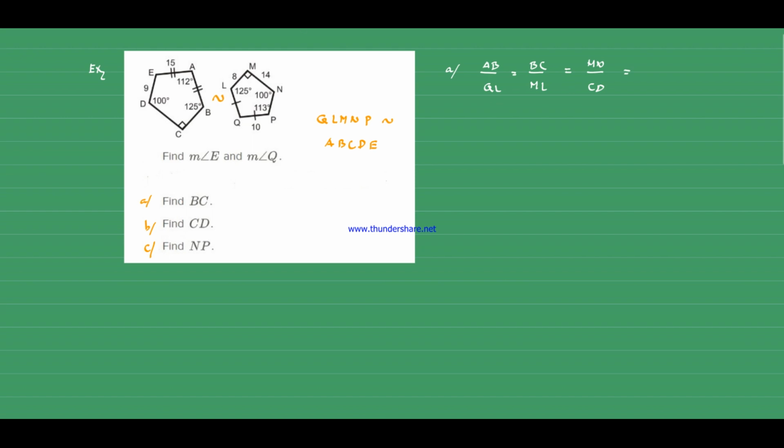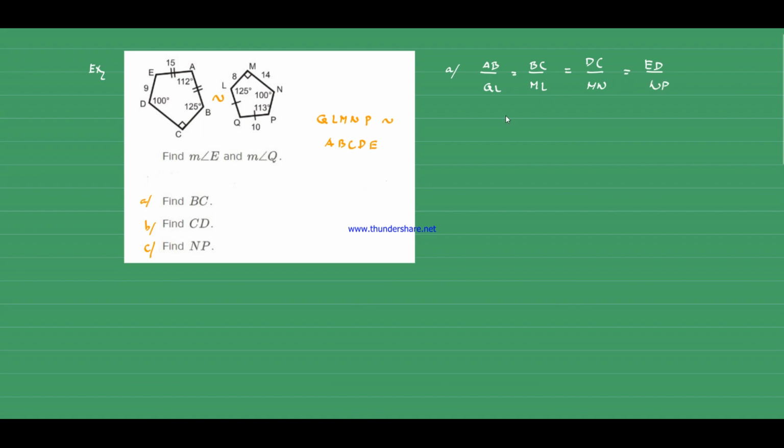So DC goes first. See that? I messed up. So DC must go here. So DC goes with MN. Then ED, AB goes with NP.